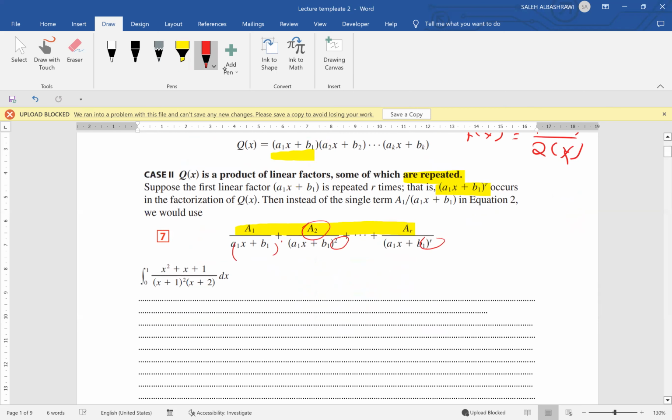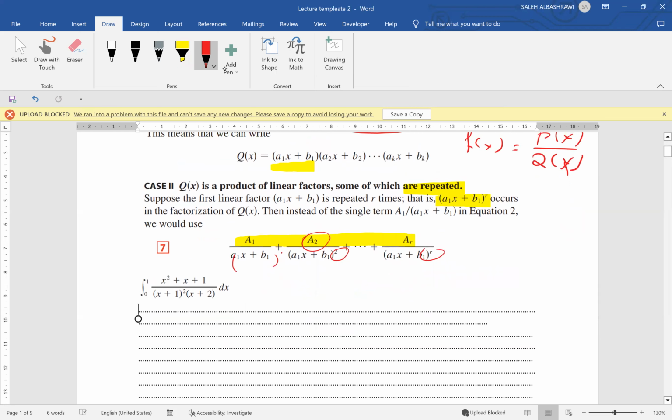For example, we need to evaluate this fractional function: x squared plus x plus 1 divided by x plus 1 to power 2, times x plus 2. You can see that x plus 1 is a linear factor, but with multiplicity 2, or with power 2. You can write it as the function divided by x plus 1 multiplied by x plus 1, because it's repeated 2 times, multiplied by x plus 2.